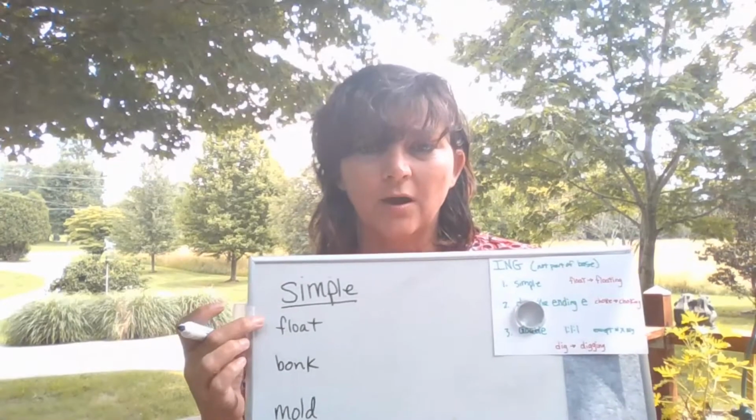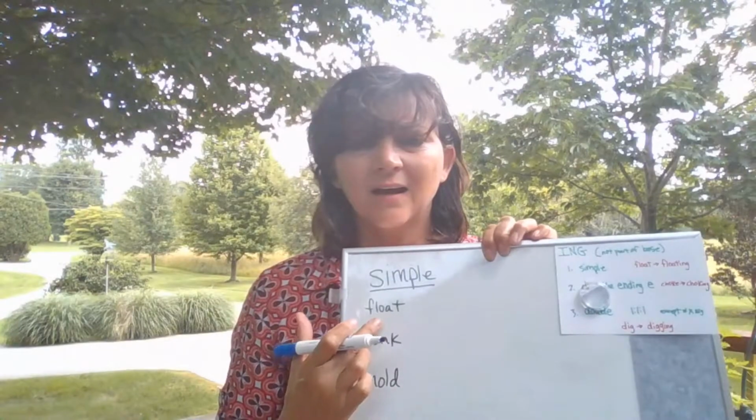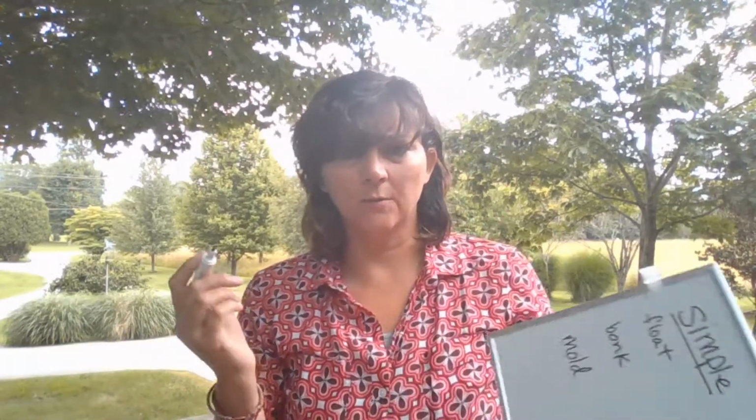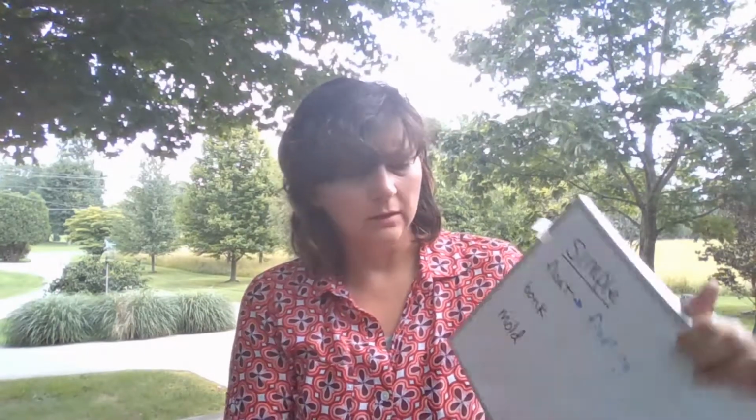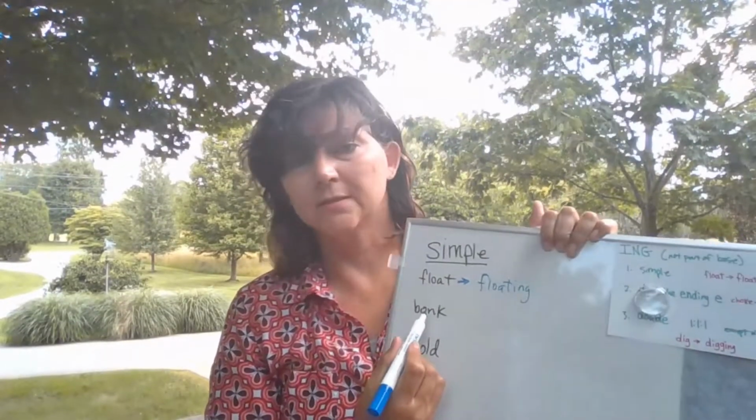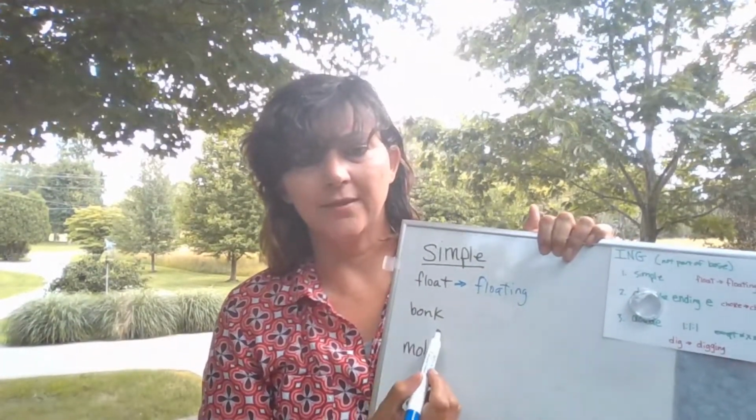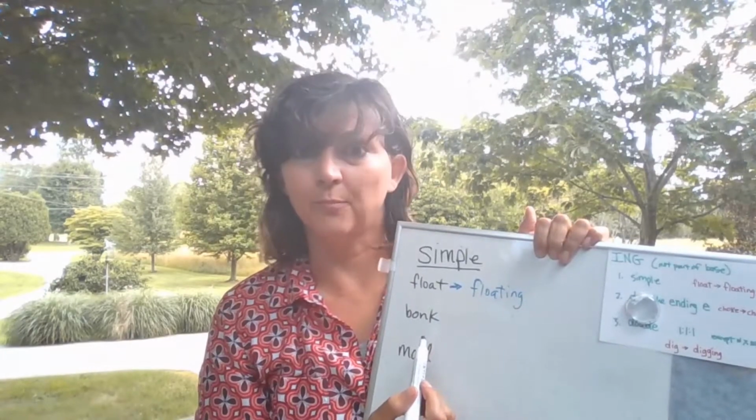Simple type. And so you have a word like float. How would you say that? Right, floating. So when it's just the simplest form, we just add the ing, so it's floating, right? Another word that we simply add the ing to is the verb bonk.